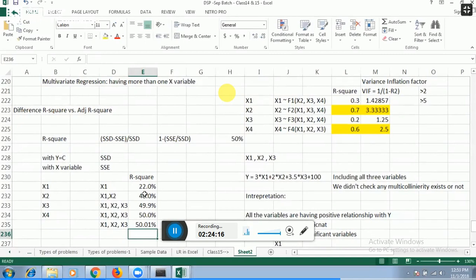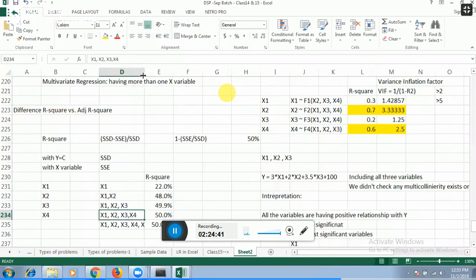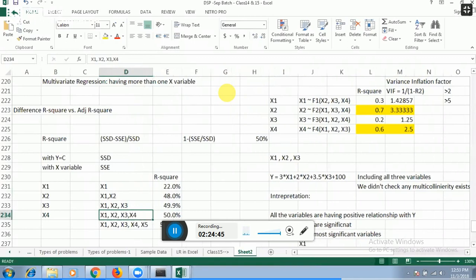So what happened in this case? By increasing the variables, you are seeing the improvement in R square. But if you look at these 3 things, what is the improvement you got? Almost 22% to 50%. But by including the x4 variable, do you see any significant improvement? It's almost nil, right? A 0.1% or something.